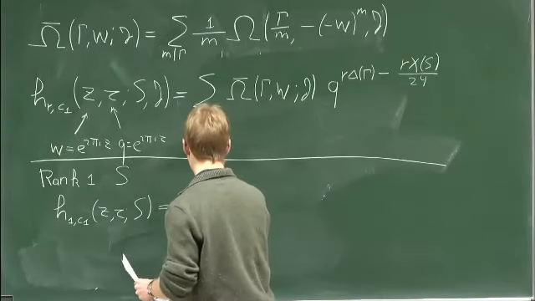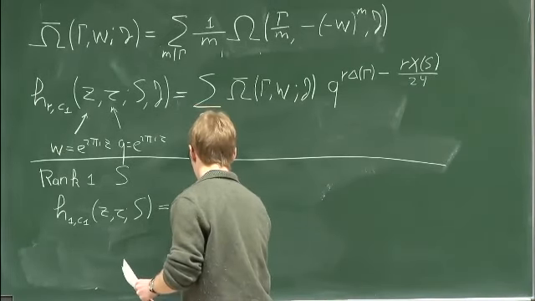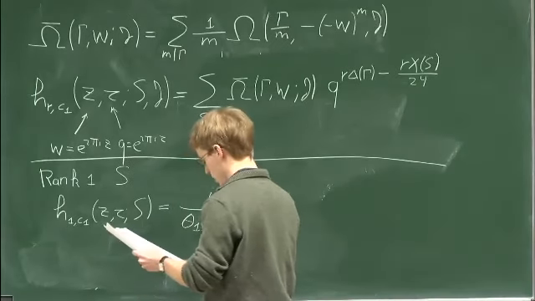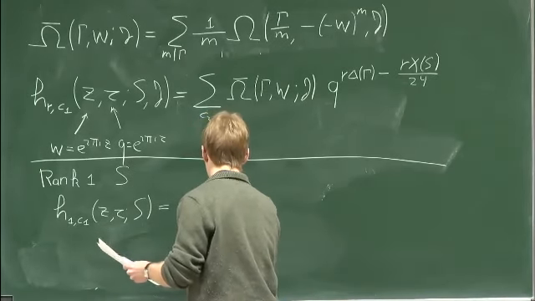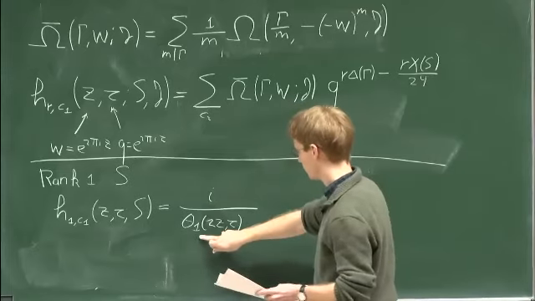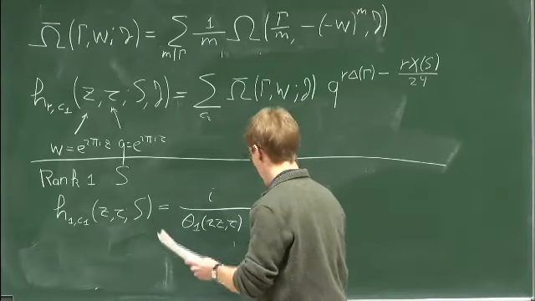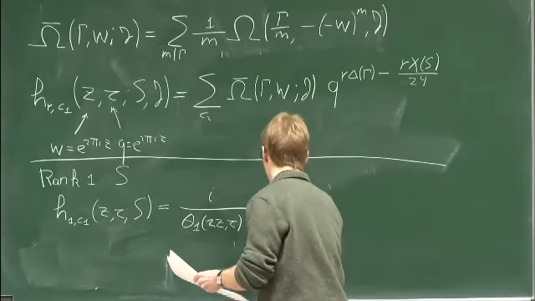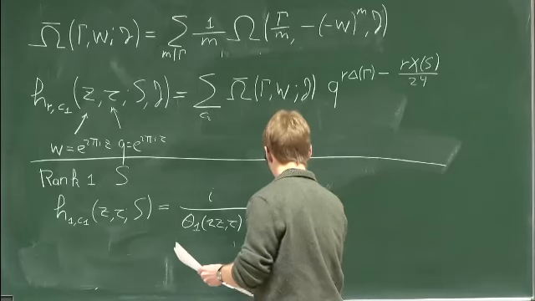And it is just given by i divided by theta 1 of 2z, tau. This is the antisymmetric theta function times a power of the eta function.